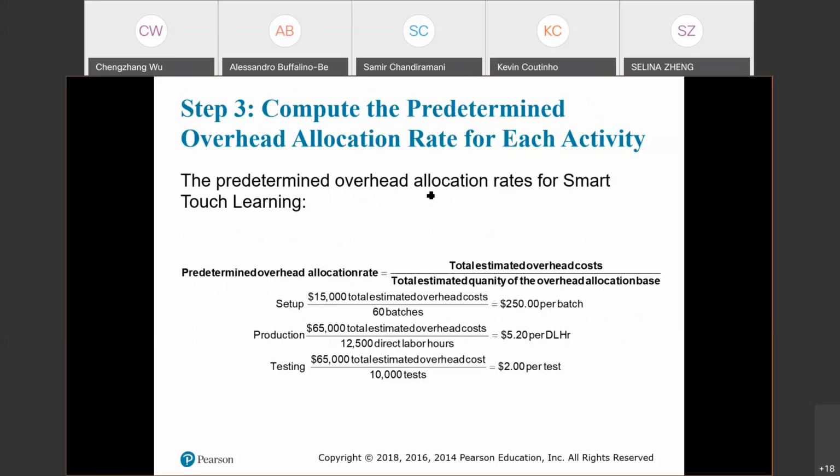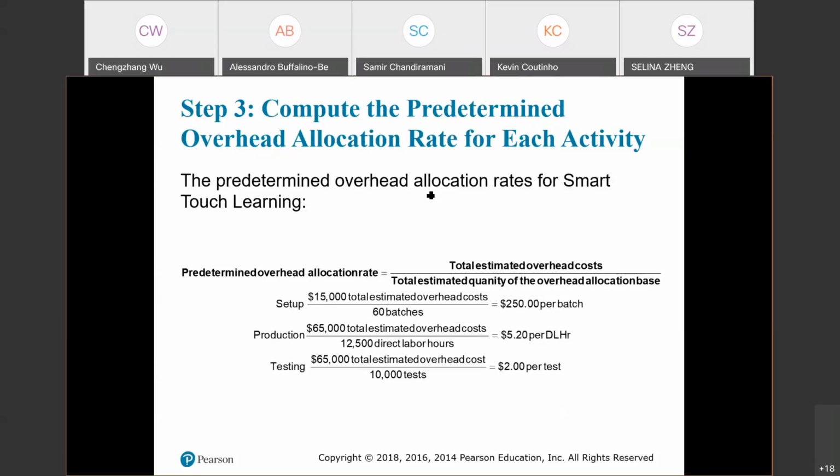Well, the formula to compute the predetermined overhead allocation rate for each activity is same as the formula used for the other method. The process is repeated for each activity.